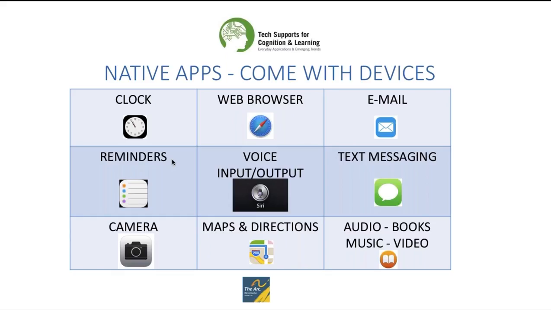Now, let's get on to the actual apps that can help people. Nothing is better to start with than what actually comes with a device. The Android devices have similar things to what's on the Apple devices. Here I'm featuring the Apple system, but there's so many things that come with it naturally as part of the software.